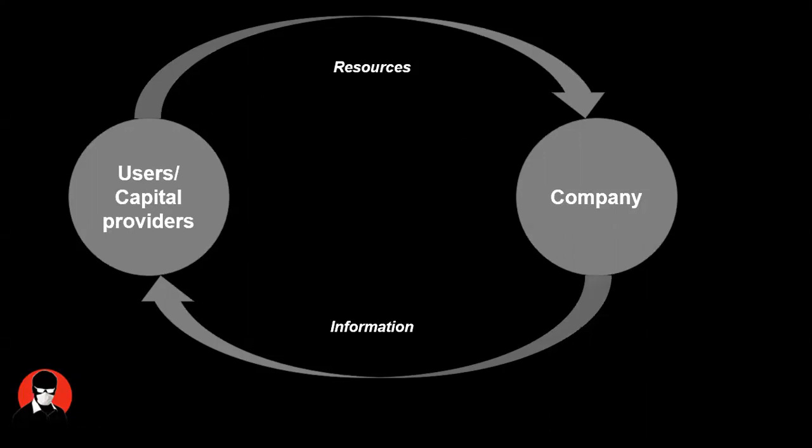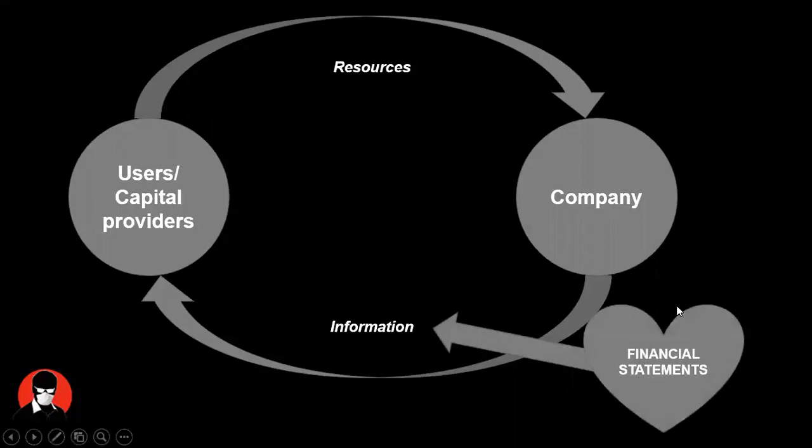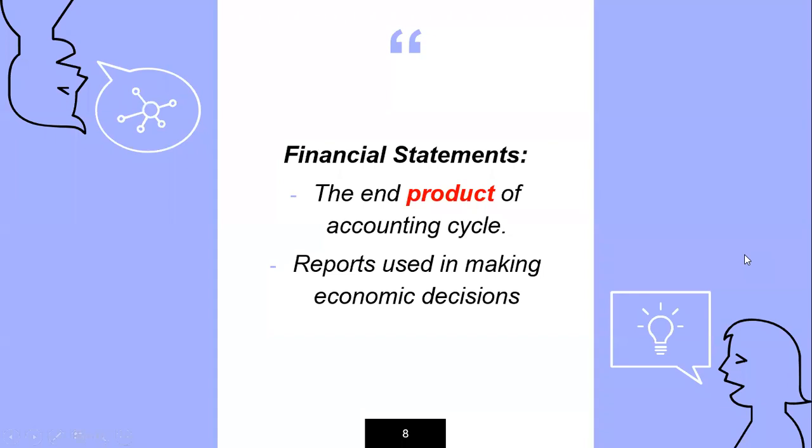It is in the form of financial statements. Again, financial statements are the end product or output of the accounting cycle, reports used in making economic decisions. That is the purpose of financial statements: generated to be used in making economic decisions.